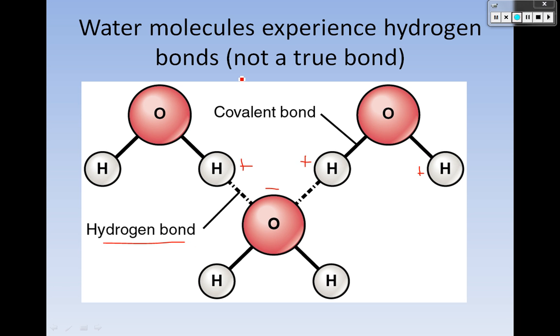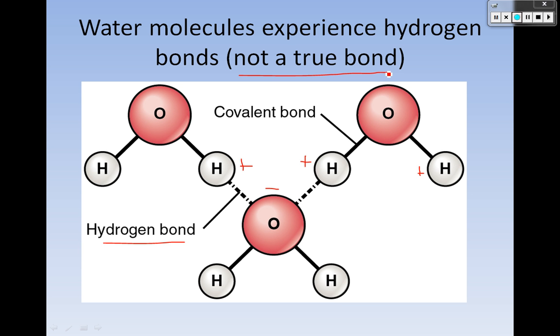Now, up here, this says it's not a true bond. True bonds are ionic bonds and covalent bonds, and their force is so much stronger. So for example, a hydrogen bond is only 5% as strong as a covalent bond, and a covalent bond is weaker than an ionic bond.